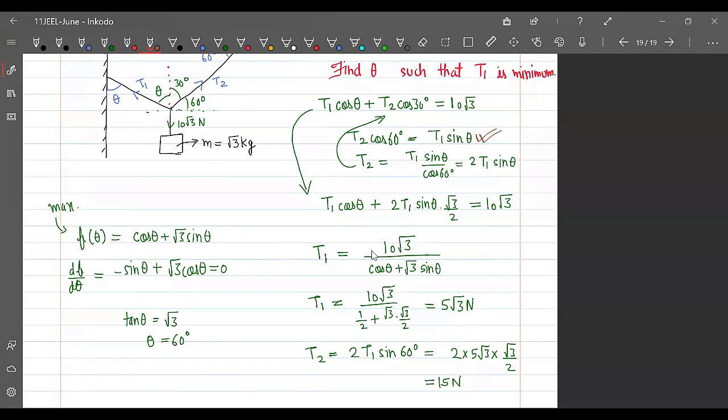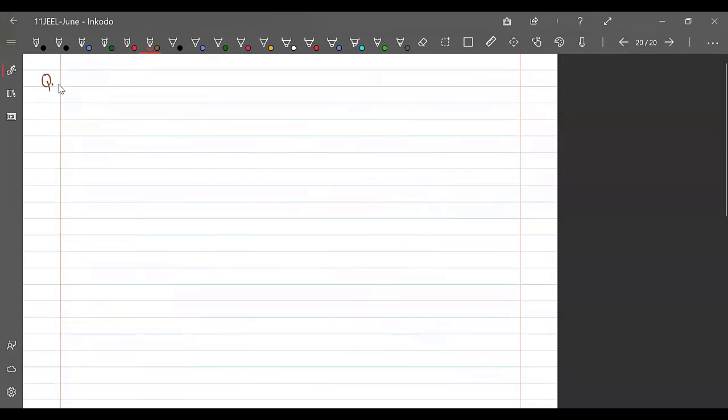Okay, now we'll move ahead. So suppose the question is like this. The pulley, and there is another pulley here. And the rope will do. और यहाँ पे एक block है.